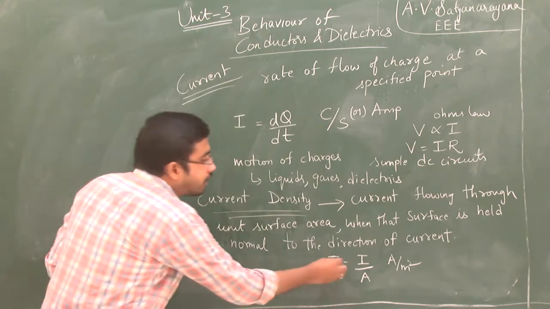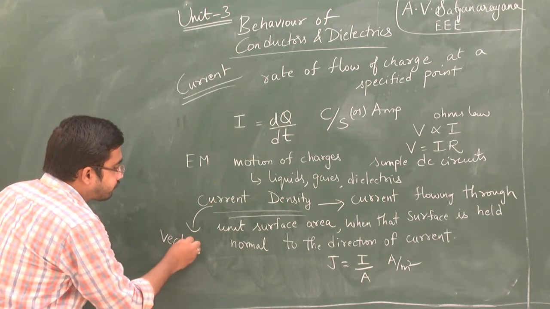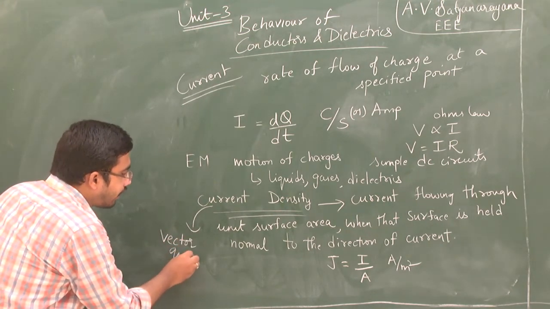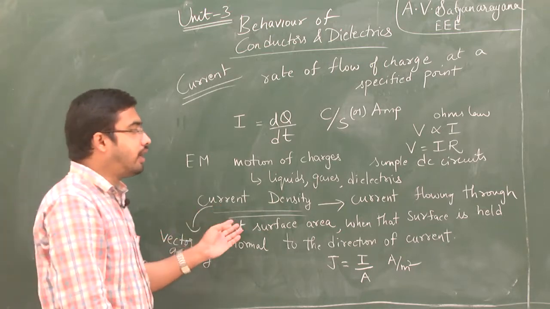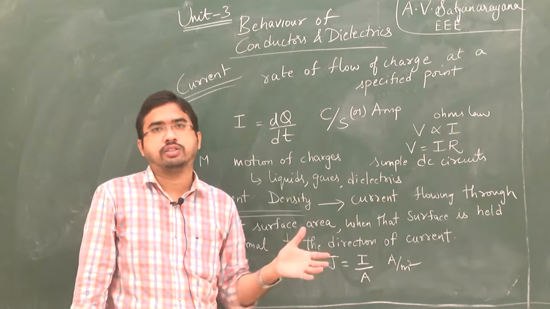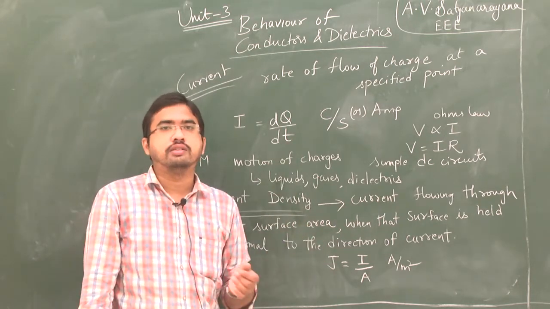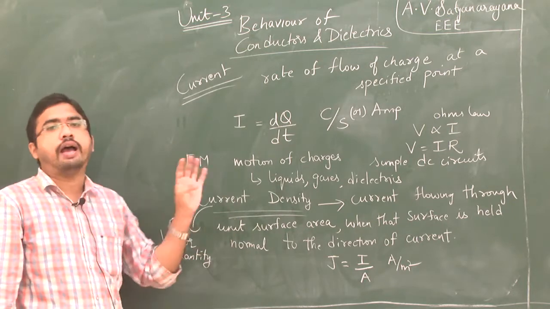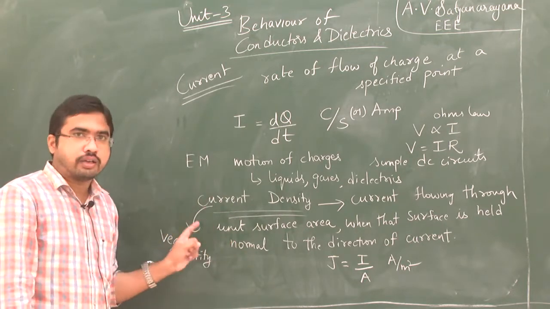Now, this current density is a vector quantity. It is not a scalar quantity. It is a vector quantity, because here we are defining both the magnitude of current as well as the direction of current. It is always perpendicular to the surface that you are considering. So as you are considering both magnitude as well as direction, current density is a vector quantity.